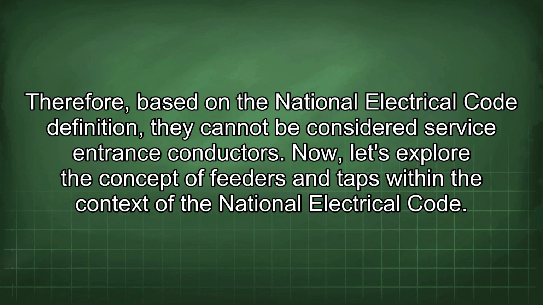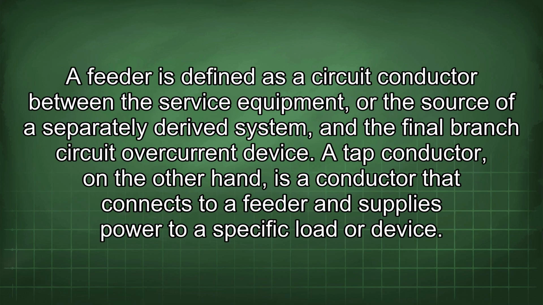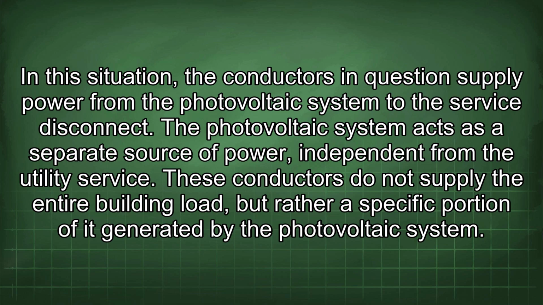Now let's explore the concept of feeders and taps within the context of the National Electrical Code. A feeder is defined as a circuit conductor between the service equipment, or the source of a separately derived system, and the final branch circuit overcurrent device. A tap conductor, on the other hand, is a conductor that connects to a feeder and supplies power to a specific load or device. In this situation, the conductors in question supply power from the photovoltaic system to the service disconnect.